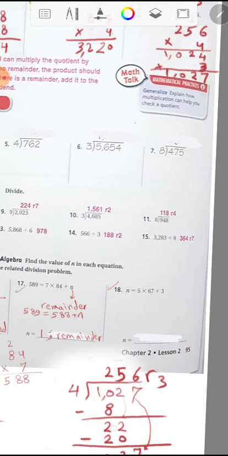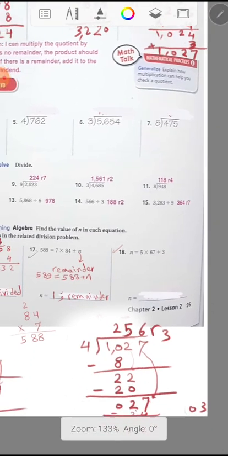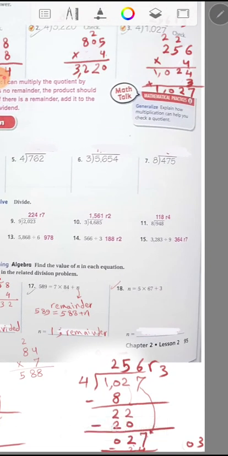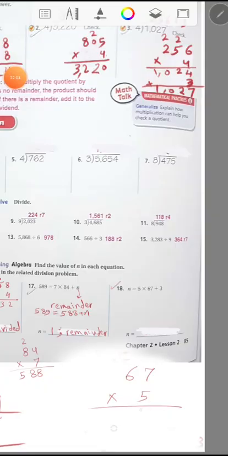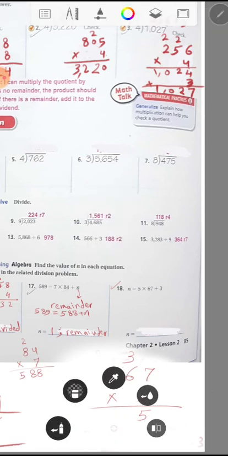If you multiply 67 with 5, I will give you the answer quickly. 5 multiplied by 7 equals 35. 5 here and 3 here. 5 multiplied by 6 equals 30, plus 3 equals 33.